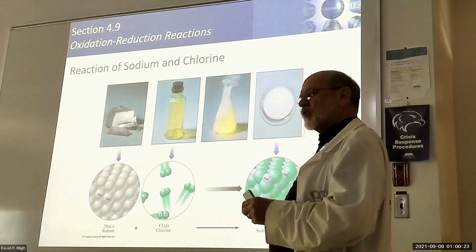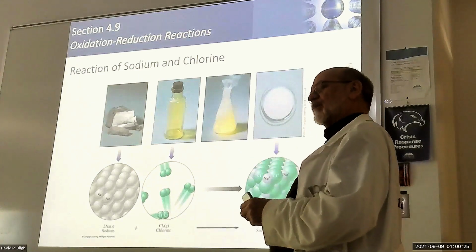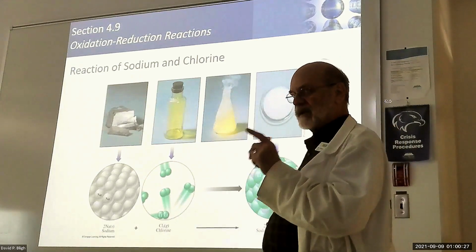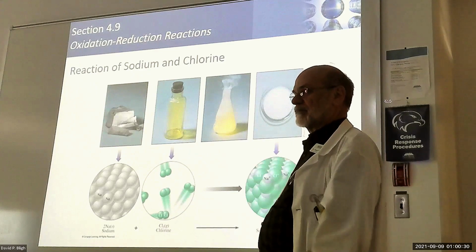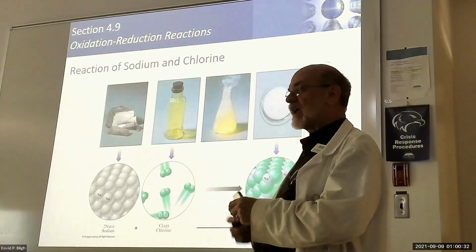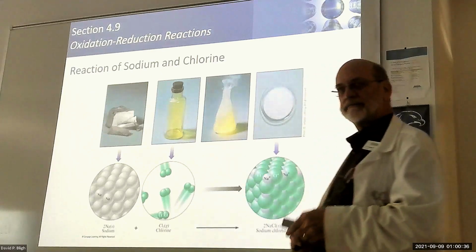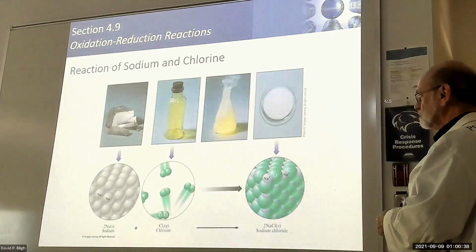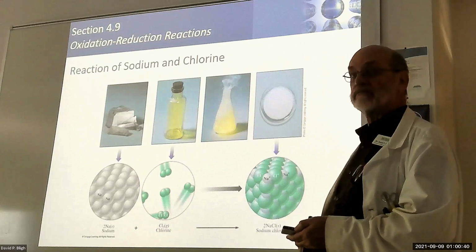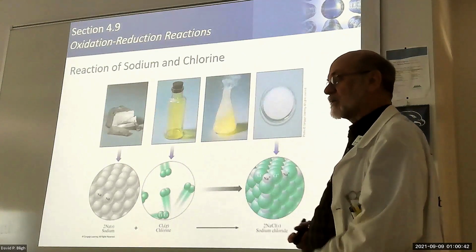If an element goes into a compound or a compound produces an element, there has been oxidation reduction. And you don't have to do the calculations to say that this reaction is redox. Or if it's a combustion reaction, it's always redox.